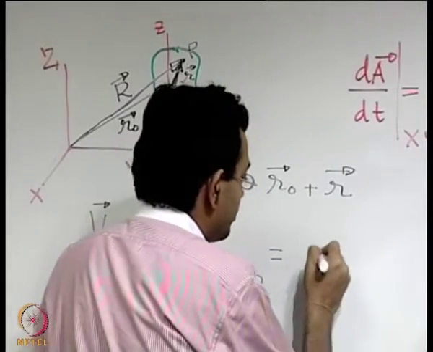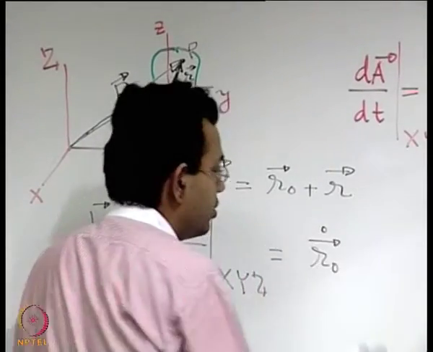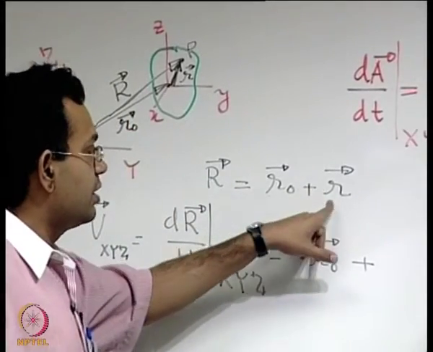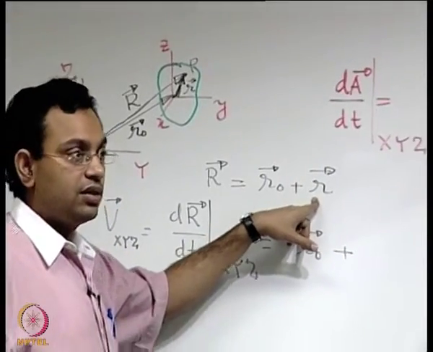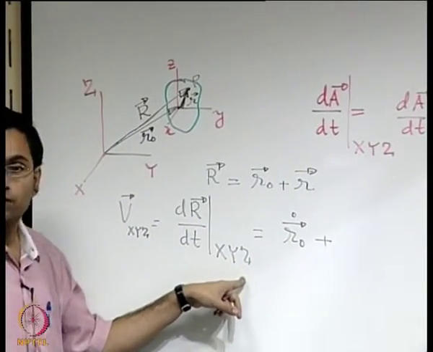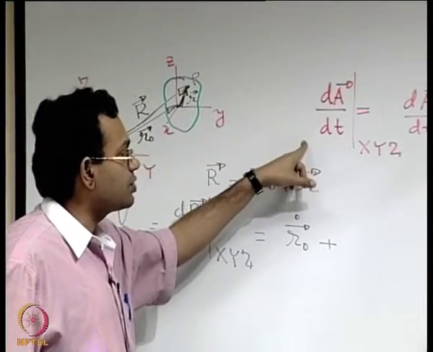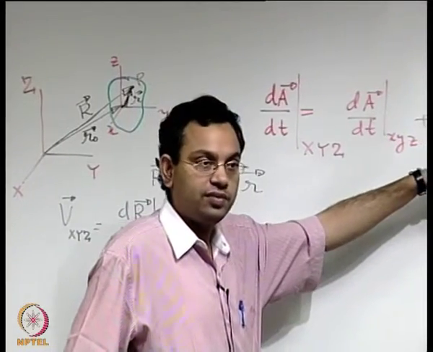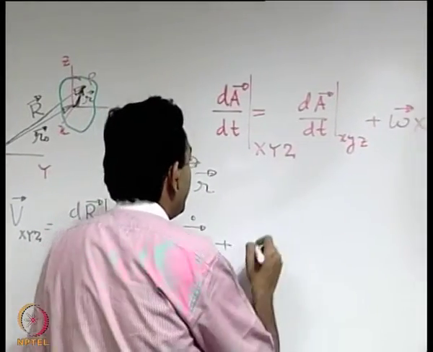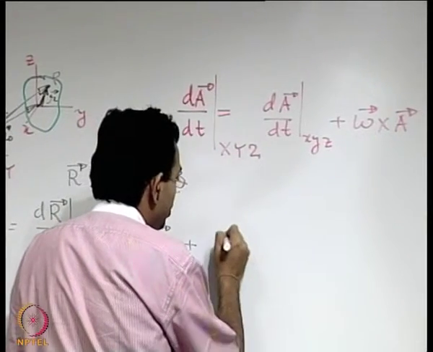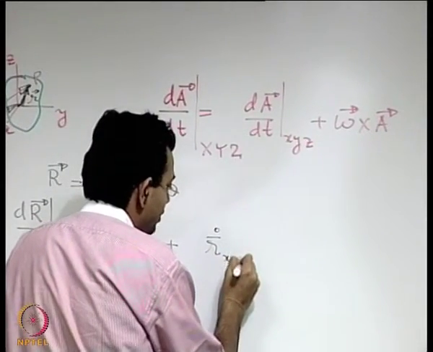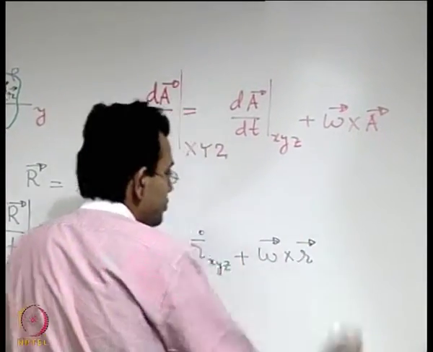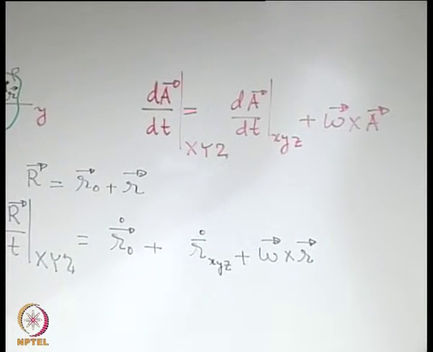So, this is r naught dot plus d/dt of small r relative to capital XYZ. d/dt of small r relative to capital XYZ is d/dt of small r relative to small xyz plus omega cross small r, from this theorem. So, that means this is as good as r dot relative to small xyz plus omega cross r, right.